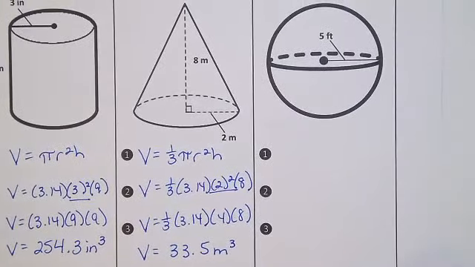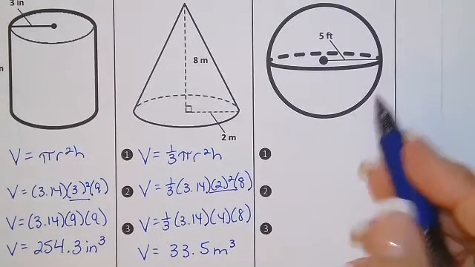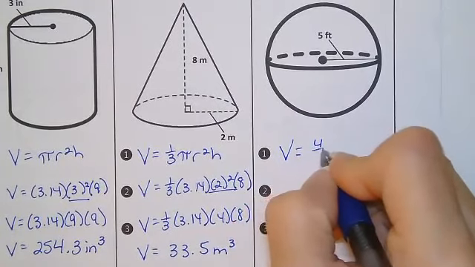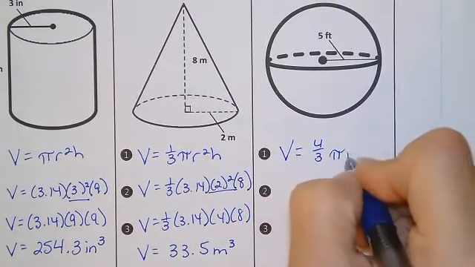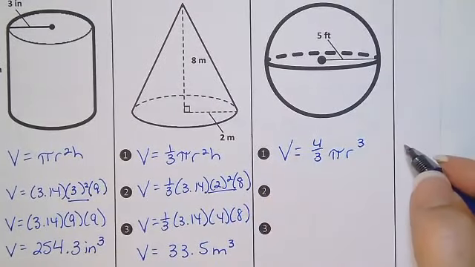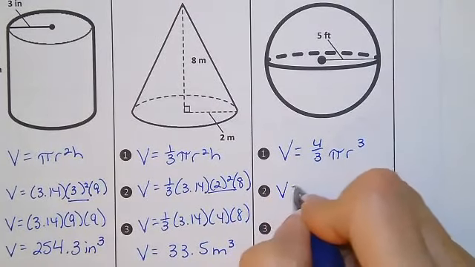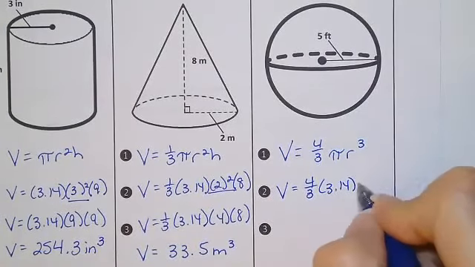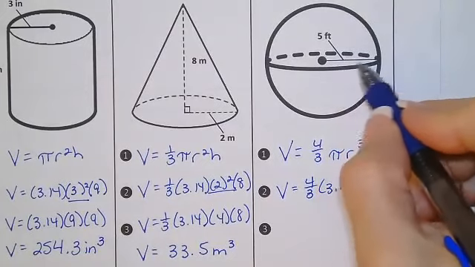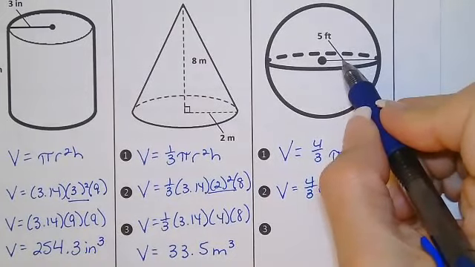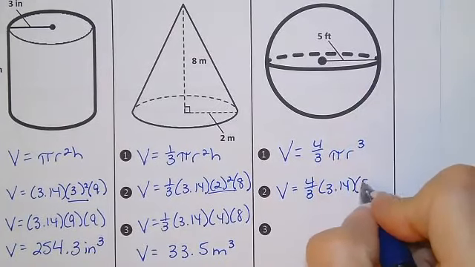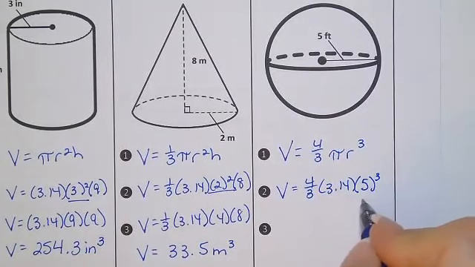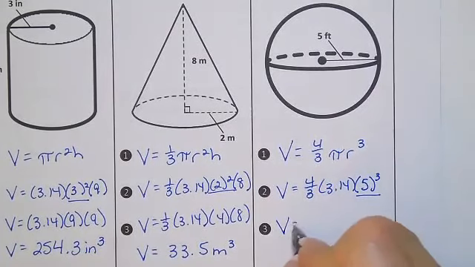All right, next example, we have the sphere. The formula for volume of a sphere is 4/3 pi r cubed. So I'm going to substitute 3.14 for pi. Radius, again, it is the radius. It's only halfway, so my radius is 5. That's the first thing I need to find when I'm solving this.